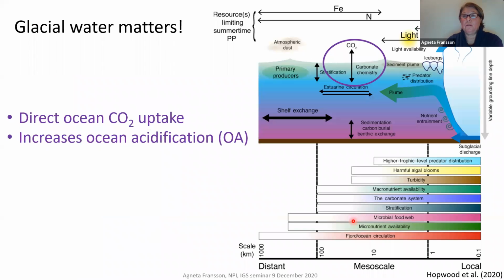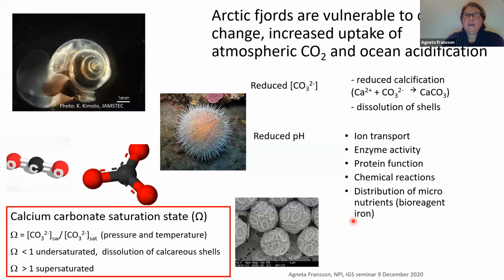We see that these processes have effects on the direct ocean CO2 uptake, and with this uptake, it also increases ocean acidification. The Arctic fjords are vulnerable to climate change and to this increased uptake of atmospheric CO2.